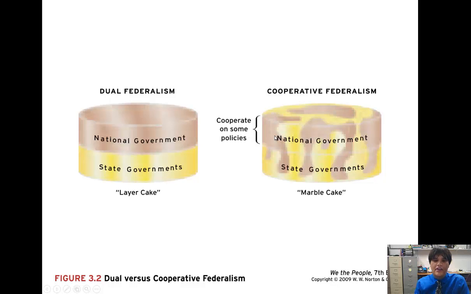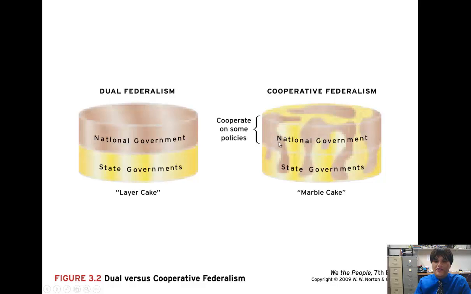Cooperative federalism is called marble cake federalism. There will be a question on your test about which one is called layer cake and which one is called marble cake. So be sure to note the difference: dual federalism is layer cake, cooperative federalism is marble cake. With cooperative federalism, instead of having responsibilities separated by national government versus state government, you now have responsibilities that are kind of mixed.